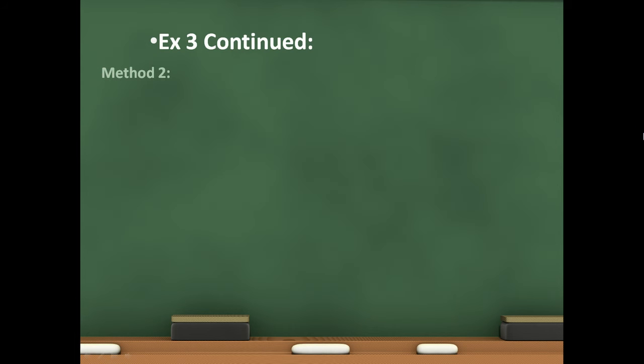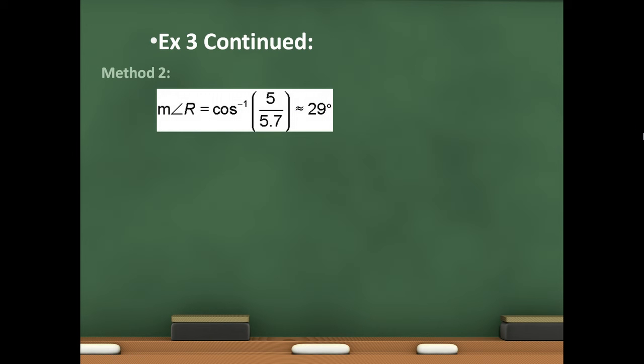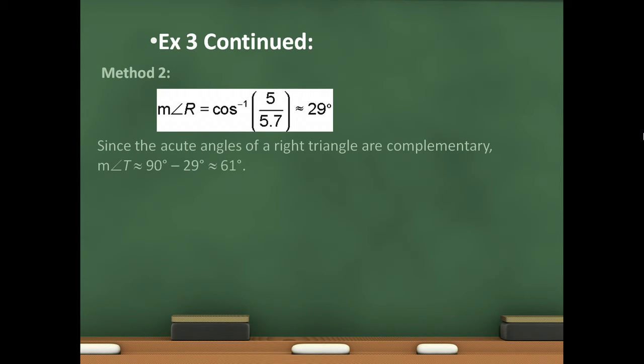Let's try another way. The measure of angle R equals the inverse cosine of 5 over 5.7, which is about 29 degrees. Since the acute measures are complementary, we still subtract and get 61. The sine of R equals ST over 5.7.